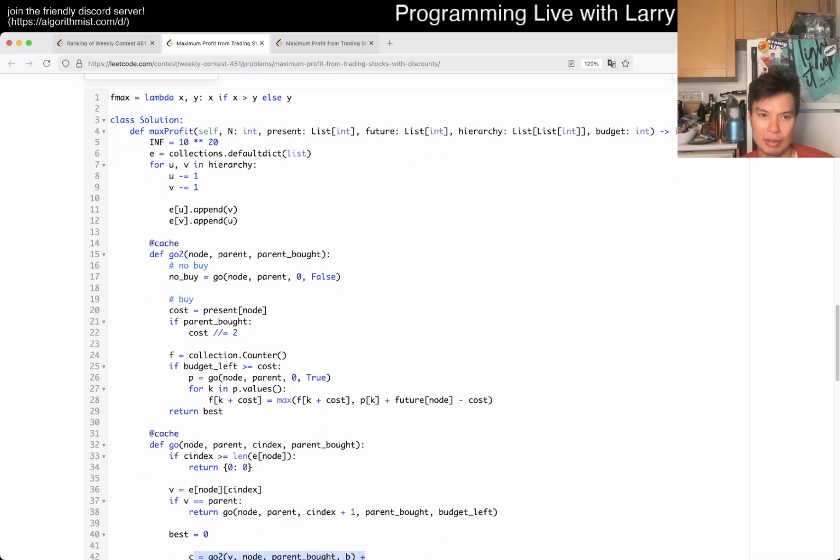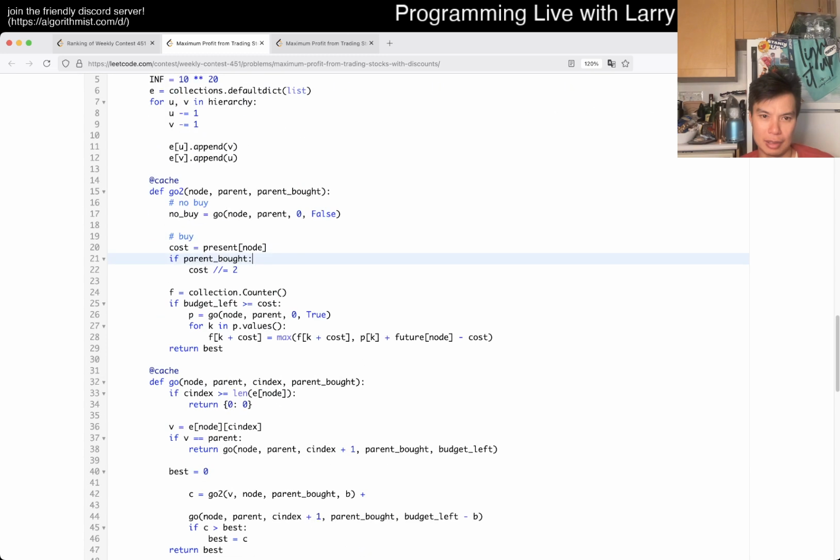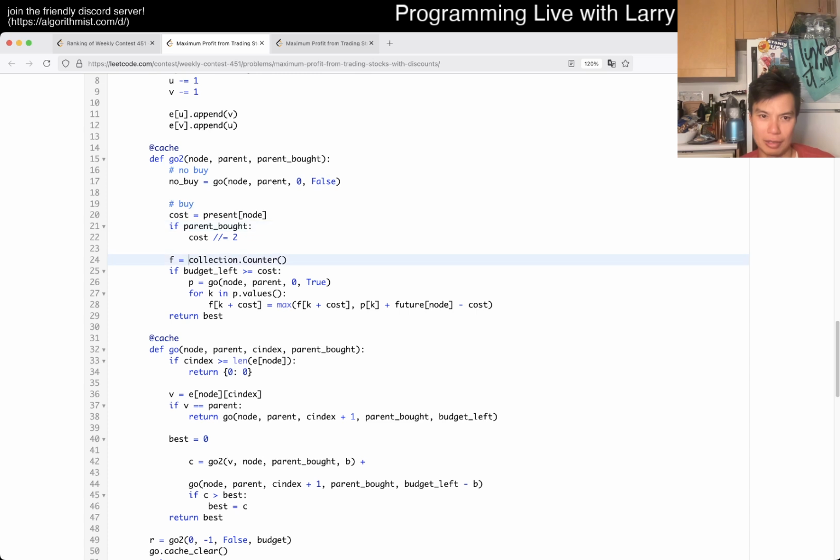I think actually maybe we can do an array of budget instead. What would that look like? This is just too confusing. Okay, so this is going to be, say, 0 times budget plus 1. Okay, so then now, okay, P is going to be an array that is similar to this.